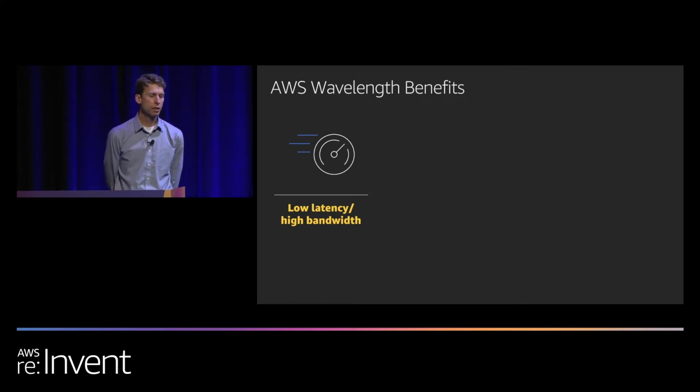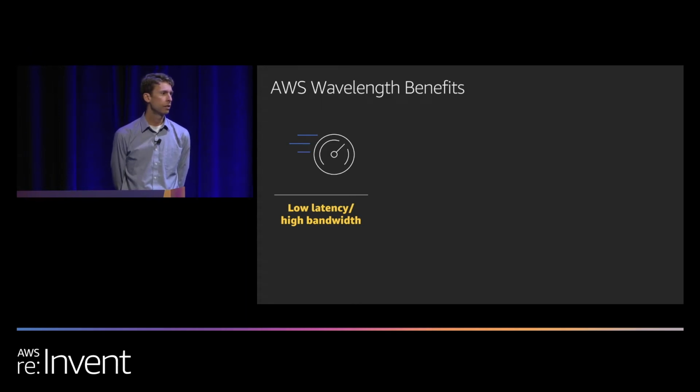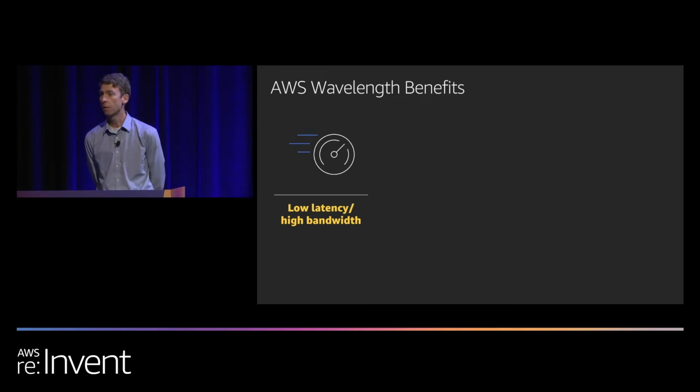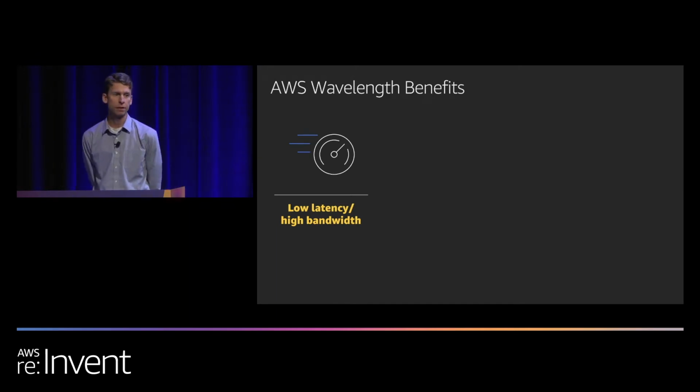So customers can then deliver immersive experiences like game streaming or AR and VR. Devices like robots or cars can now make complex decisions that might require more computing power than they'd have traditionally inside their device. And by bringing AWS compute and storage closer to end users and devices, we can unlock a lot of capabilities, probably things that we've never even thought of here today.